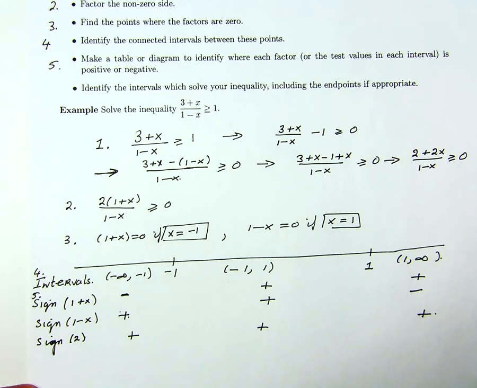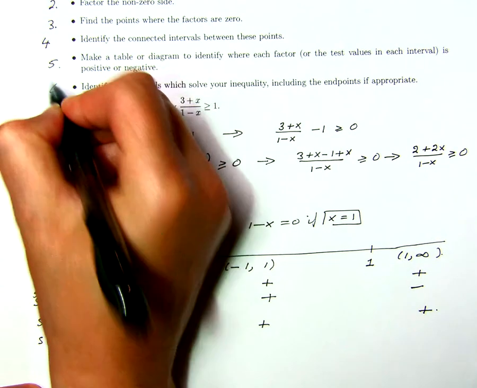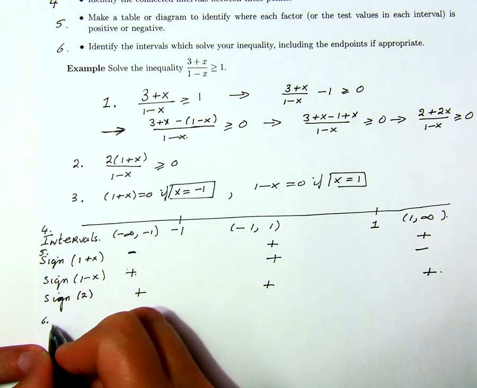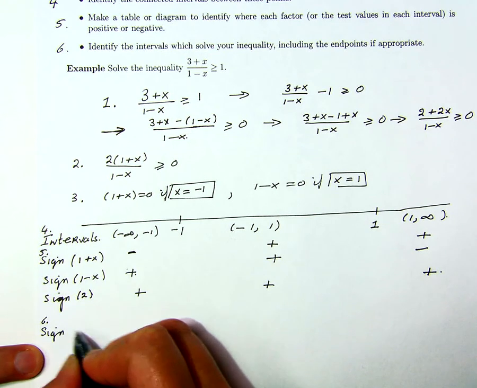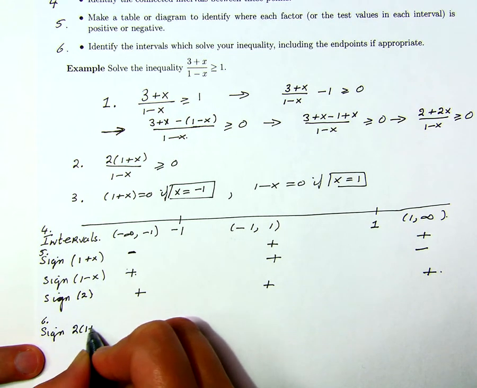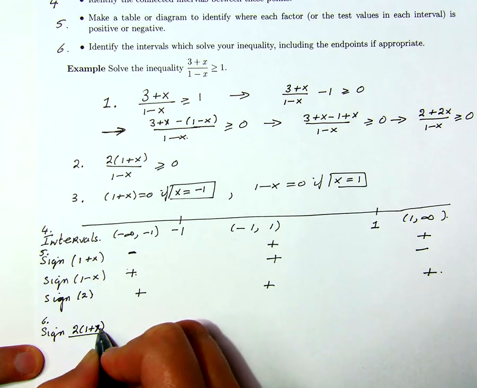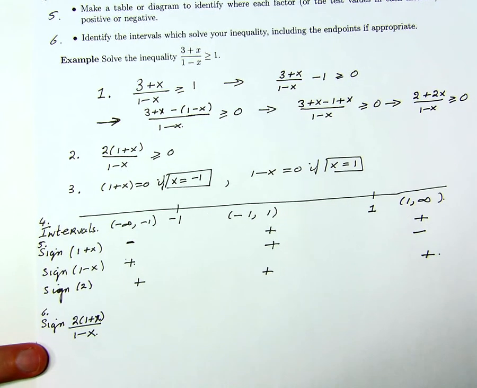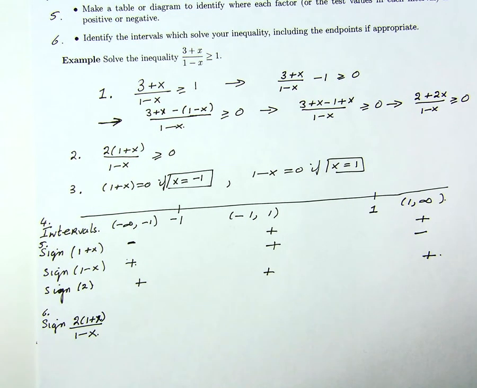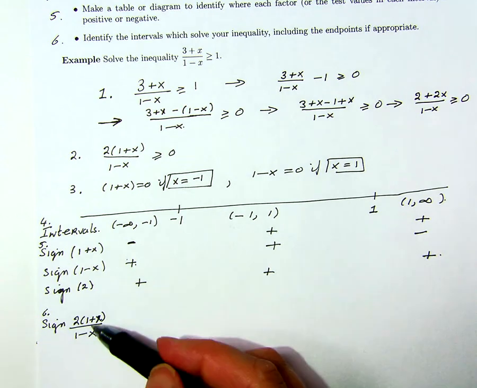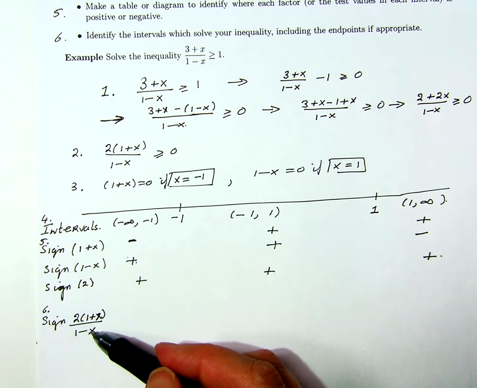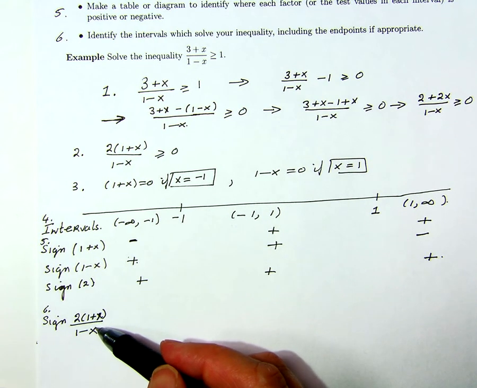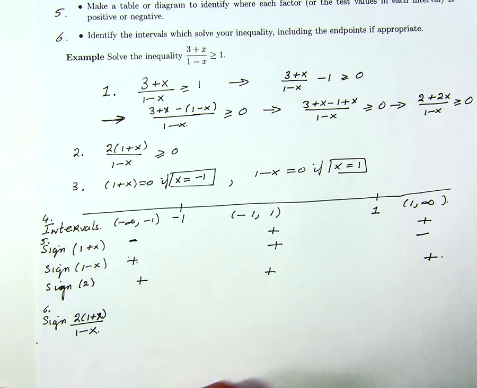And now, lastly, putting all of this information together, I can identify where the product, or the rational function, 2 times 1 plus x over 1 minus x is positive and negative. And this is using the rule that this combination of products and quotients of these factors is going to be positive if I have an even number of negative factors, and it's going to be negative if I have an odd number of negative factors.